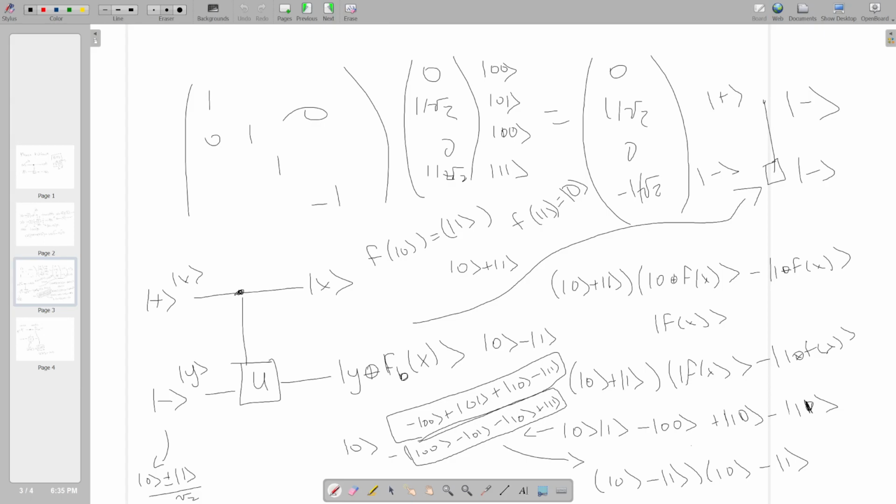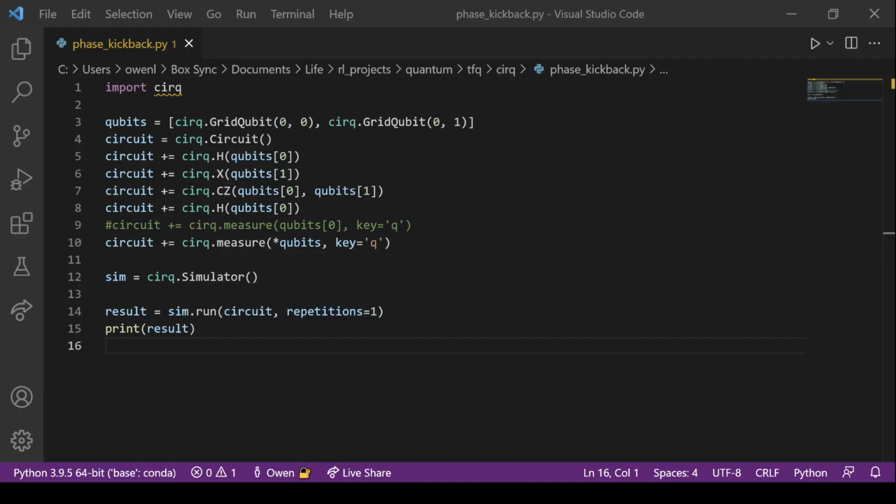And so this is clearly just a controlled Z operation. We're just writing it in a sort of different formalism. Anyway, getting back to the code, we can see, we have our basic circ operations. We make the 2 qubits. We do H, X on the second, H on the first, do our controlled operations. Now we collapse the superposition and measure.